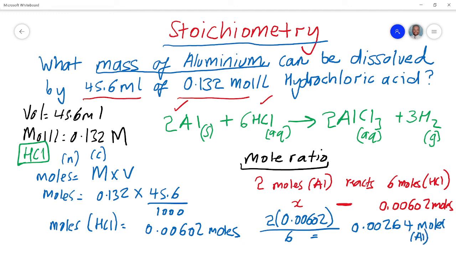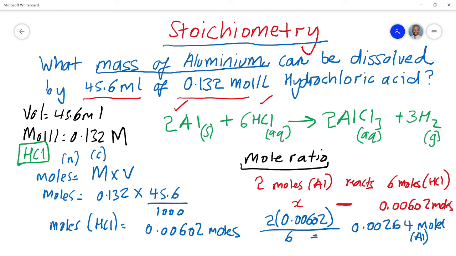Now, that's not the final answer. I know a lot of students make that mistake. They say, oh yes, I've got the number of moles, but you must remember you're told to find the mass. It's very important that you find the mass, because that's what's going to give you the answer.